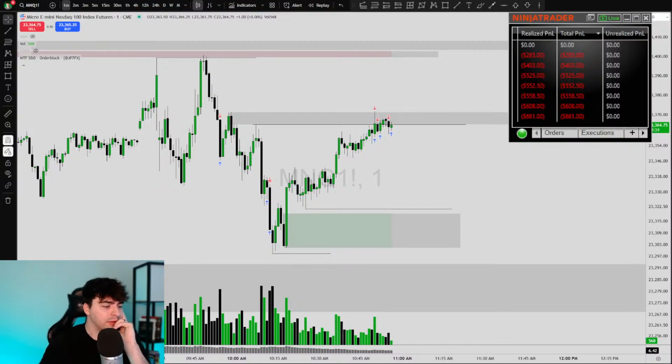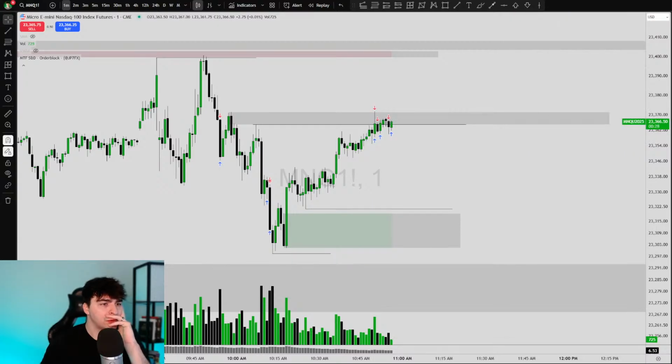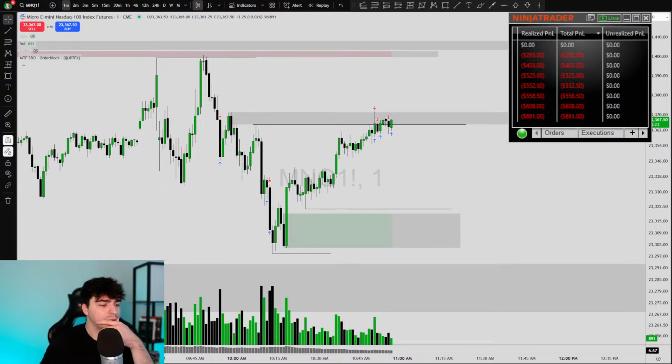And these fees are probably going to be really high too. Oops. I should probably be trading the mini if I'm going to be scalping in and out like this.